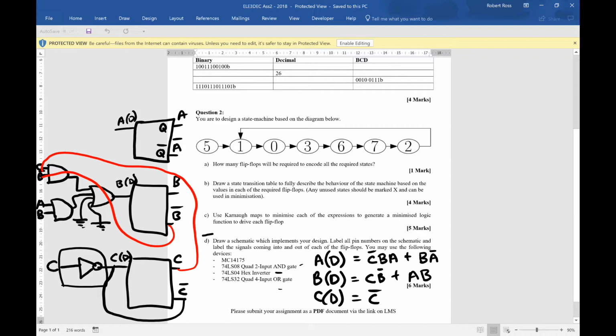Now, the only other thing is, this statement here is a little bit trickier. How do we produce a 3-input statement with only 2? And essentially, the way we do it is like this.